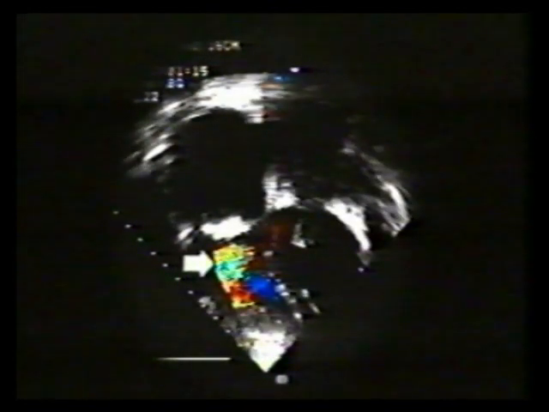On this scan at the level of the tricuspid sewing ring, note the marked enlargement of the coronary sinus due to the previous severe right atrial hypertension. Flow across the tricuspid prosthesis is normal by color Doppler.